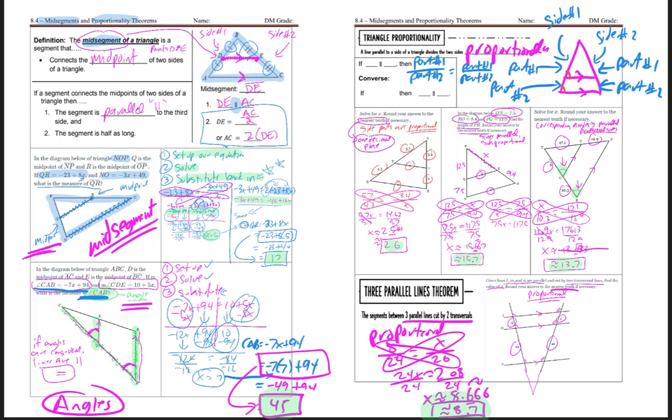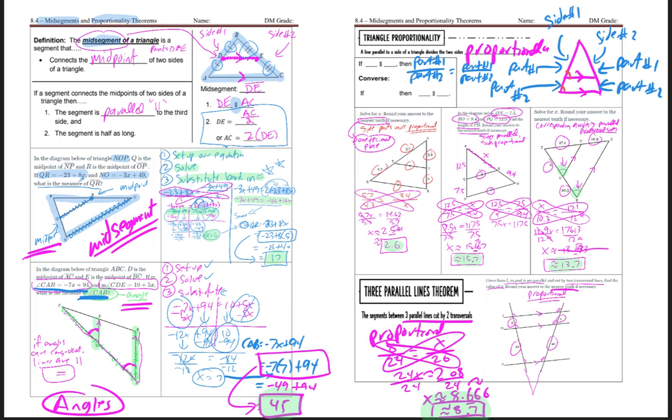A mid-segment connects the midpoints, so this is called a mid-segment. And the mid-segment is parallel, and it has the ratio of being half as long as the long side. So the short, which is DE, is equal to the long divided by 2, or the long is equal to 2 times the short. Let's keep that in mind on these mid-segments.